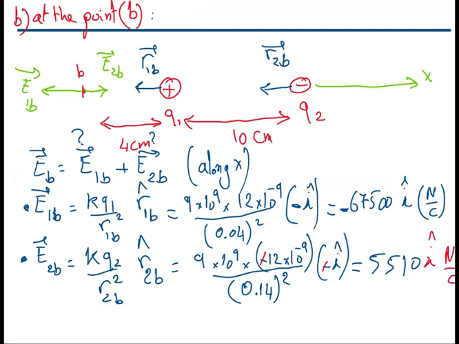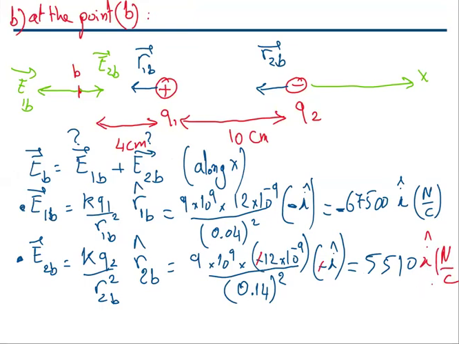Let's do a quick verification. A quick verification gives: E2B is directed toward the positive x, E1B toward the negative x. For that, we have a negative sign here, and here we have plus. What is our total vector EB? It's the vector sum. So it should be negative 67,500 i plus 5,510 i.